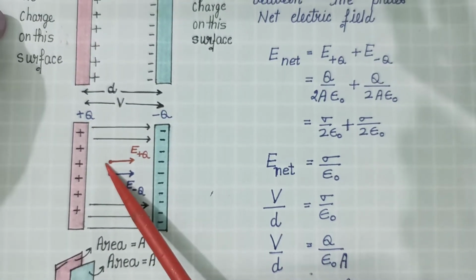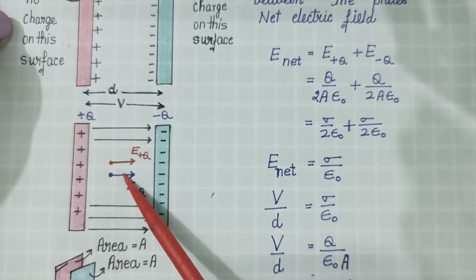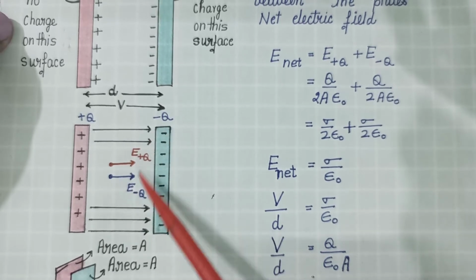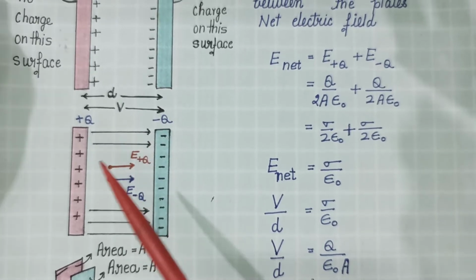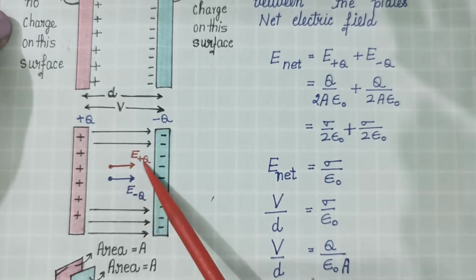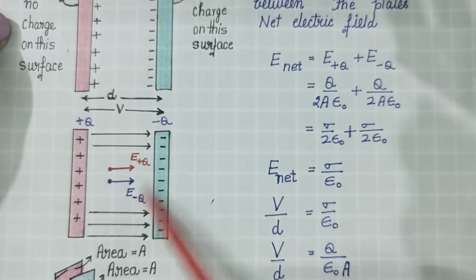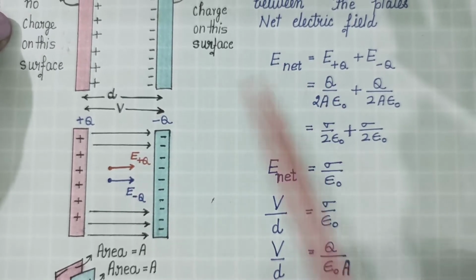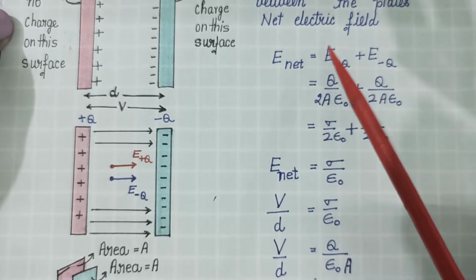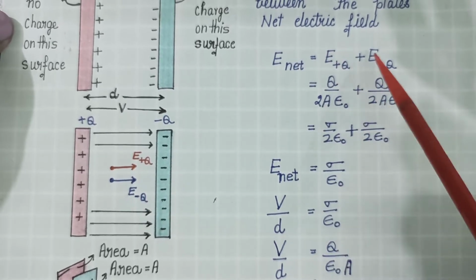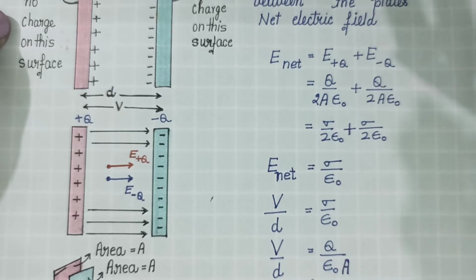Now observe, the electric field due to positive charge and the electric field due to negative charge are in the same direction. Therefore, the net or resultant electric field will be the sum of these two fields. So we will write that the electric field in between the plates is the electric field due to positive charge plus the electric field due to negative charge.